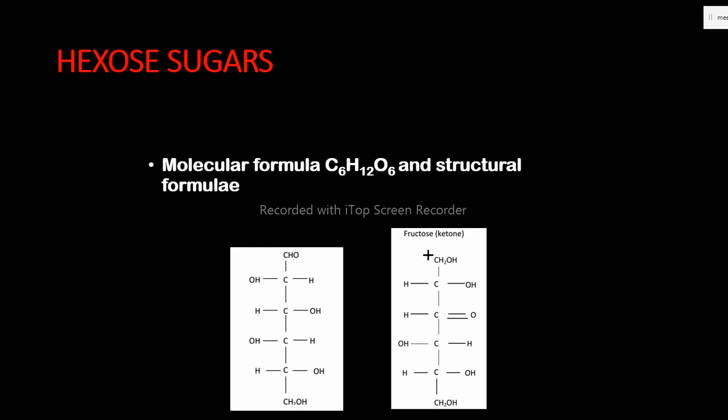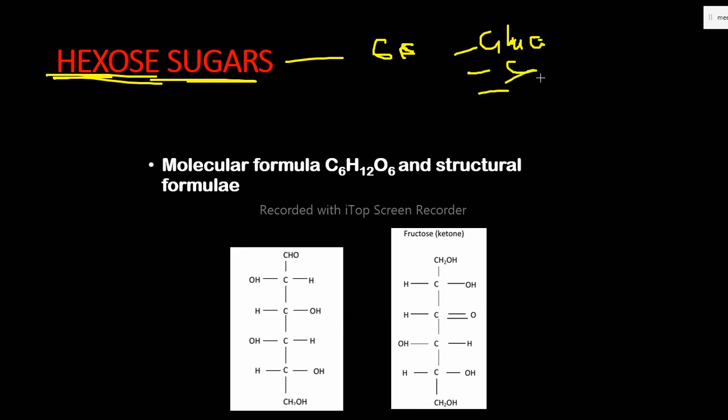So let's talk about our hexose sugars. From hex, like we said, hexose sugars are made up of 6 carbon atoms. Examples we have are glucose, galactose and fructose. All these hexose sugars conform to this general formula.